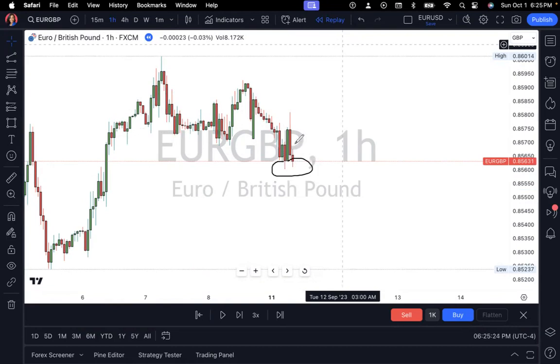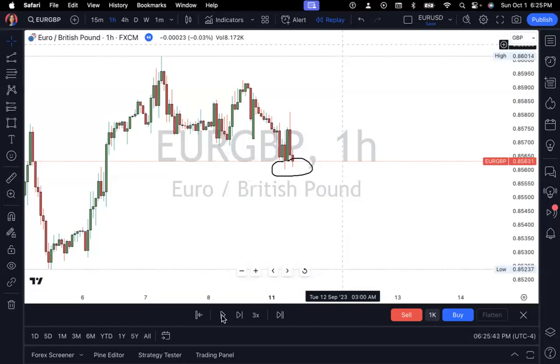I can see that the market tapped into this area 2 times. So without any indicators, our conclusion should be that next time the market taps into this area, it's probably going to buy. Or even if it doesn't tap into this area again, we should make a mental note that this is the start of a buying trend.